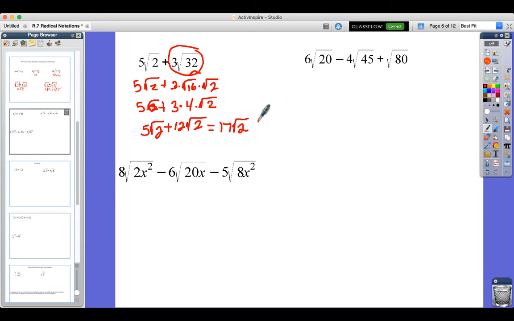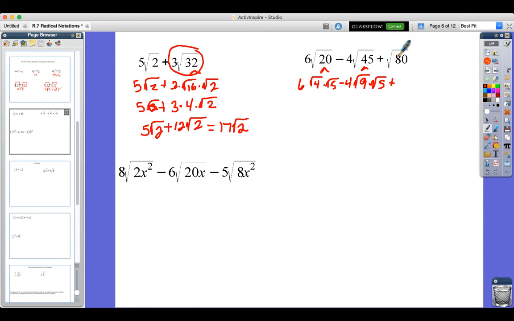Go ahead and pause this and try these yourself. On this one, you should have split it into radical 4 times radical 5, and then the 6 comes down. This one factors out to be 4, and then radical 9 times radical 5. And this last one, what would that be?